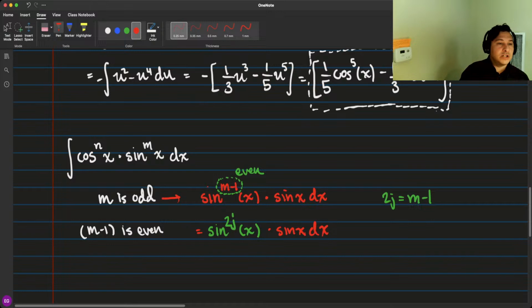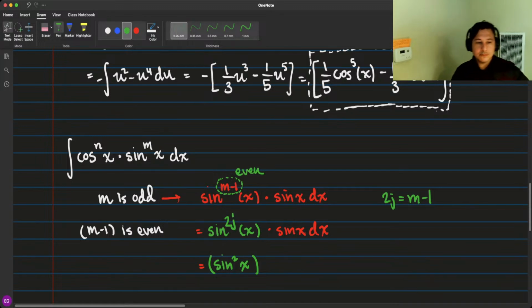Now, if it's equal to 2 times j, that means I can rewrite this as sine squared x raised to what power? What is that whole sine squared going to be raised to? Yes, to the power j, because how do exponents work? If you have x to the a to the b, that's equal to x to the a times b.